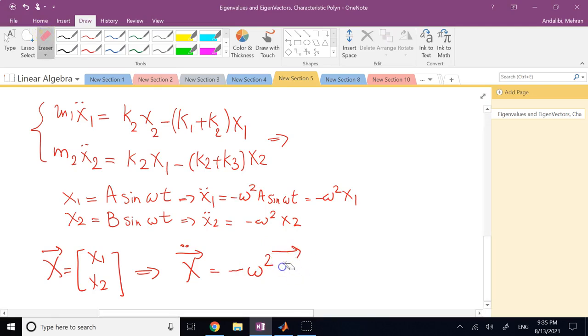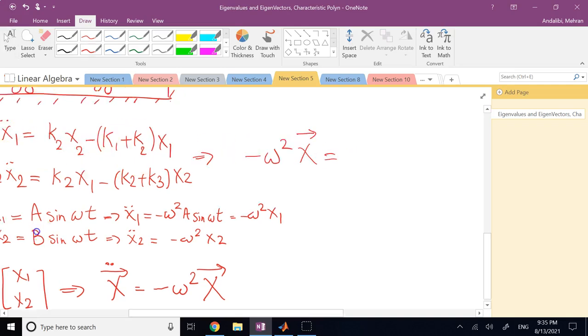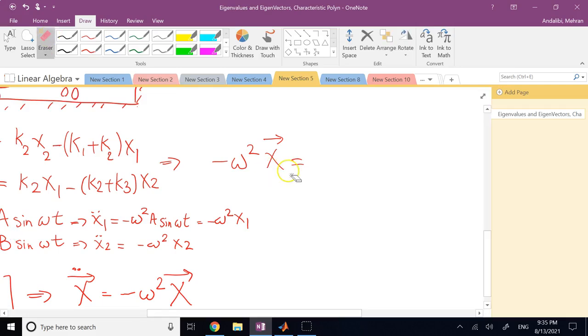Okay, so if the solution here is harmonic, which you can show is the only solution possible to such a set of equations, and you plug it in up here, you will get negative omega squared x is equal to, and of course there is m1 and m2, so you have to write it like this: negative omega squared times the matrix [m1 0; 0 m2] times x.